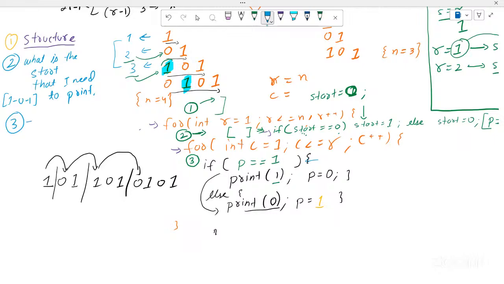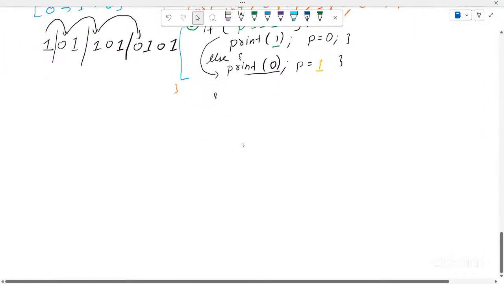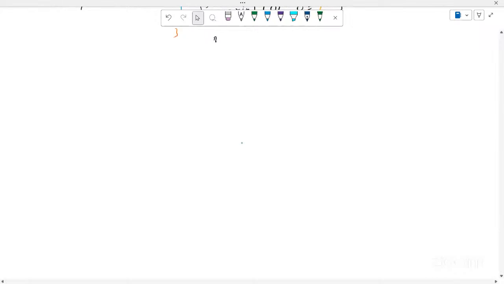And the third point was that after the start, it's an alternation. If let's say the start value is 1, the next value is 0, the next value is 1. And if the start value is 0, the next value is 1, the next value is 0. So we wrote the logic of the third thing. Over here, we wrote the logic for the second thing. And first, we figured out the structure by finding the relationship between n and r. I hope it's clear.